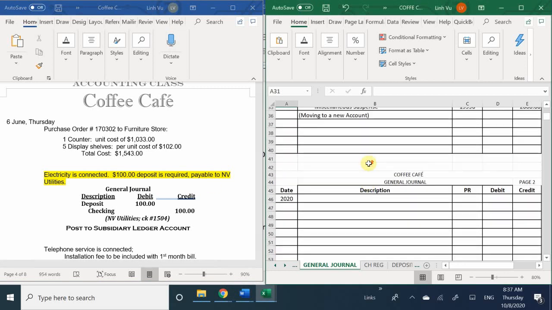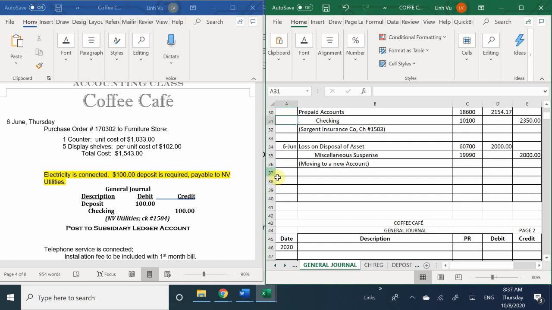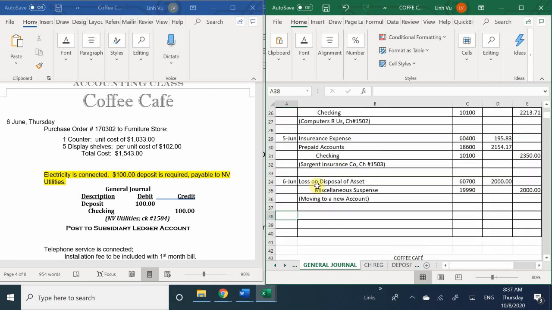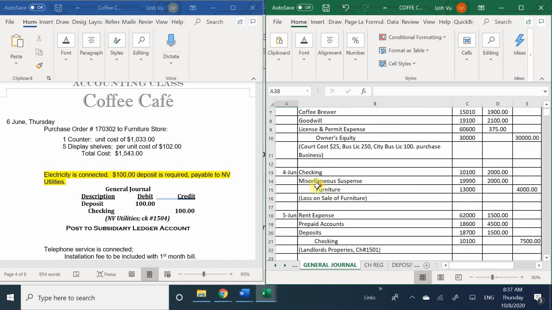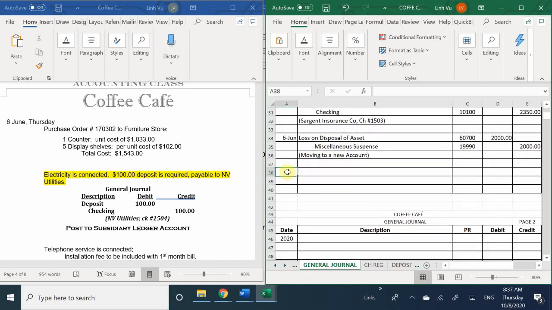Okay, so let's see. Let me see. I guess we might be able to squeeze it in on our last page, on the first page. Do you guys have room on yours?